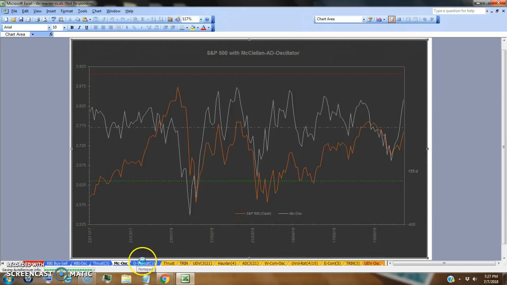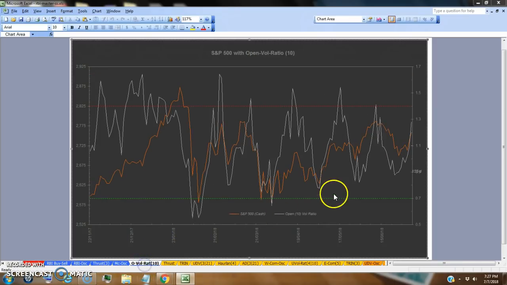Excel wants to save itself. All right. Go here, this is a volume oscillator, and it's not quite above its red line. So we'll go past that one right now. Let's see here. Okay, a couple I don't talk about.